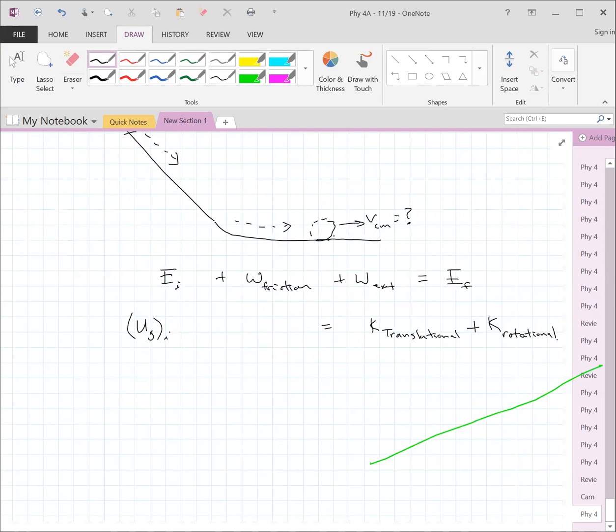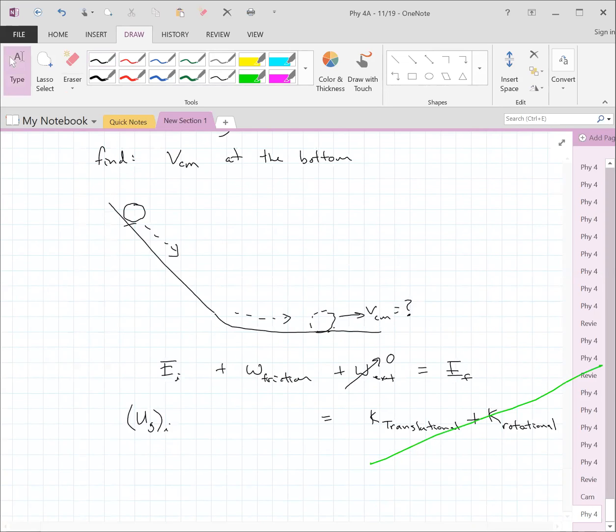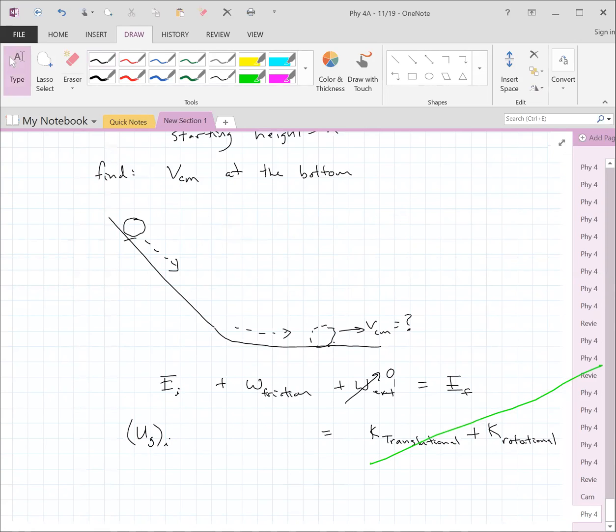So now the big question is, what about friction? We've got no external forces, right? I'm just going to call that 0. We're including the Earth in our system, so we've got no external forces acting on this. What about friction? Is there friction between this object and the incline? Yes, there is, because if there wasn't friction, we wouldn't be rolling, right? It would just slide down the incline. So there is friction there. But what kind of friction is it?